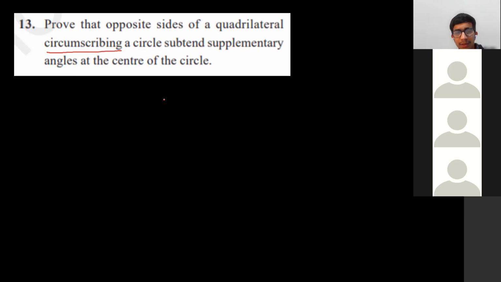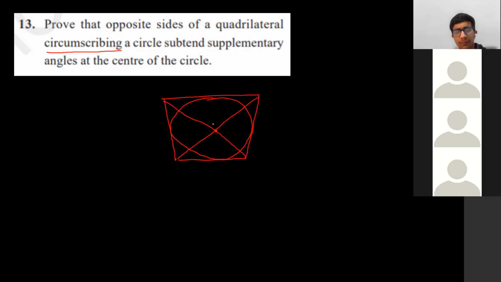Okay. So the question is saying you have a quadrilateral. Let's say it looks like this, right? And there's a circle which is inside the quadrilateral.